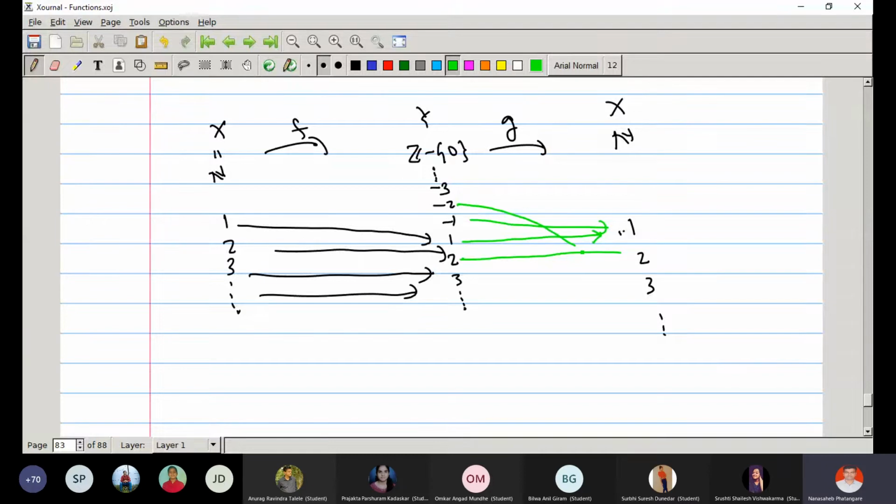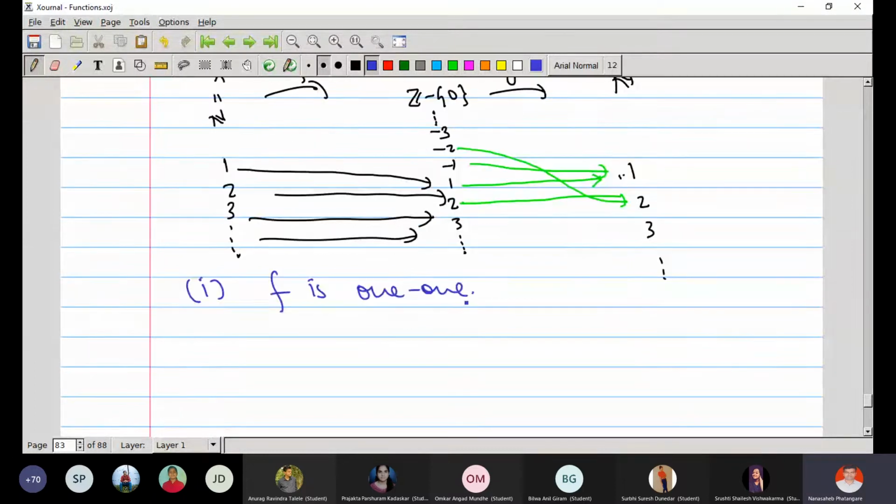Okay, now observe. So then what are the points? f is 1-1. Is it correct? Yes. Is f onto? No, not onto. Fine.